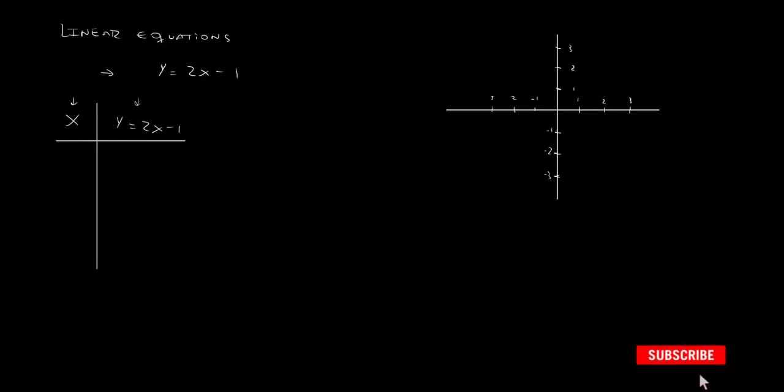Let's say we want to evaluate our function at x equals -1, 0, 1, and 2. Now for these values of x, we're going to evaluate y. y equals 2 times x, which is -1, minus 1. So then y equals -3.